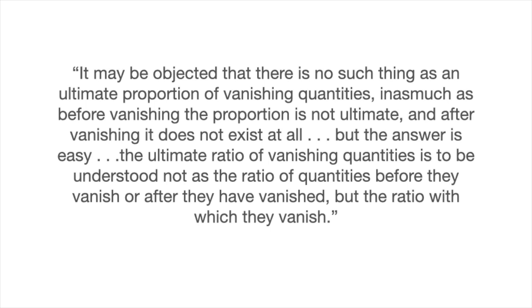But the answer is easy. The ultimate ratio of vanishing quantities is to be understood not as the ratio of quantities before they vanish or after they have vanished, but the ratio with which they vanish."